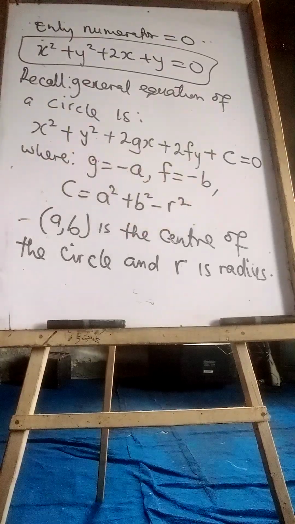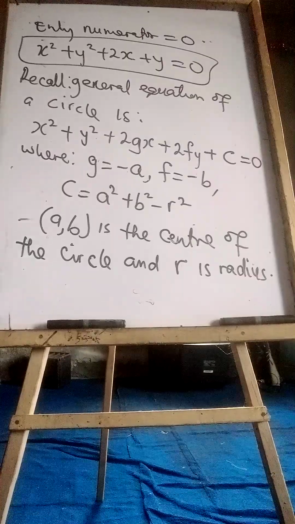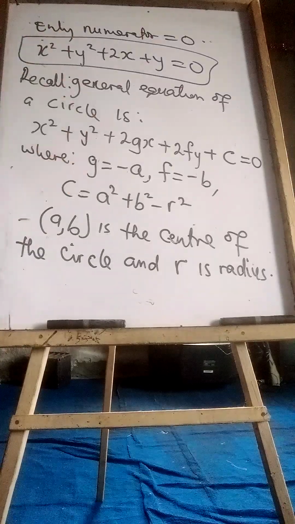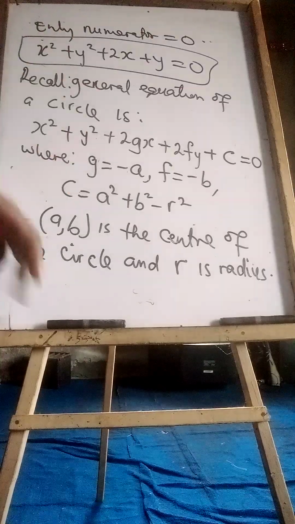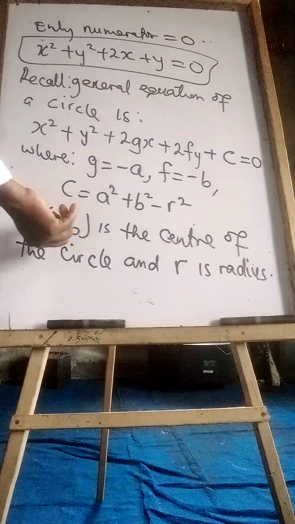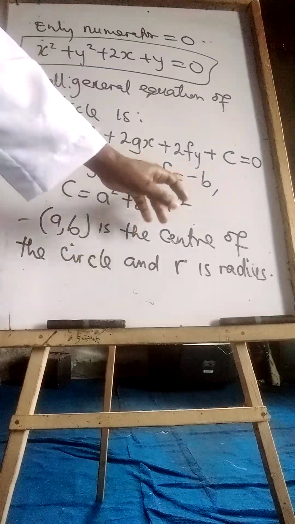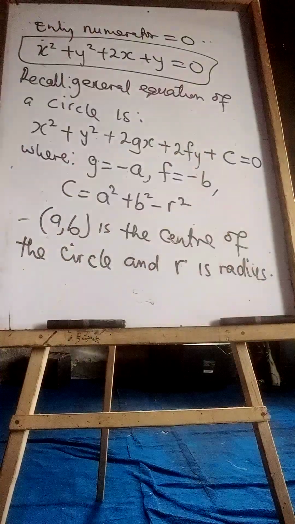If you go to one of my videos on my YouTube channel, Science Explained _KA, I have treated the equation of a circle there. Now, a, b are the coordinates of the center of the circle, and r is the radius of that circle.